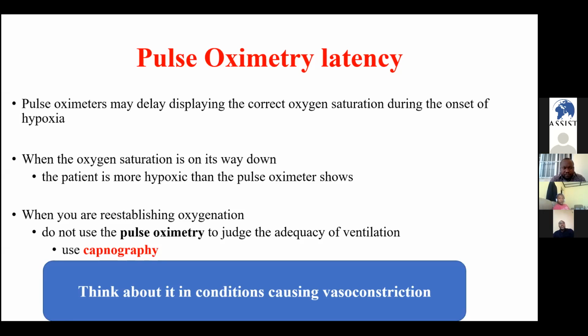So beyond the 120 seconds after the placement of the tube, if the saturation is down, that's where you can start to see what might be the abnormality and address it.